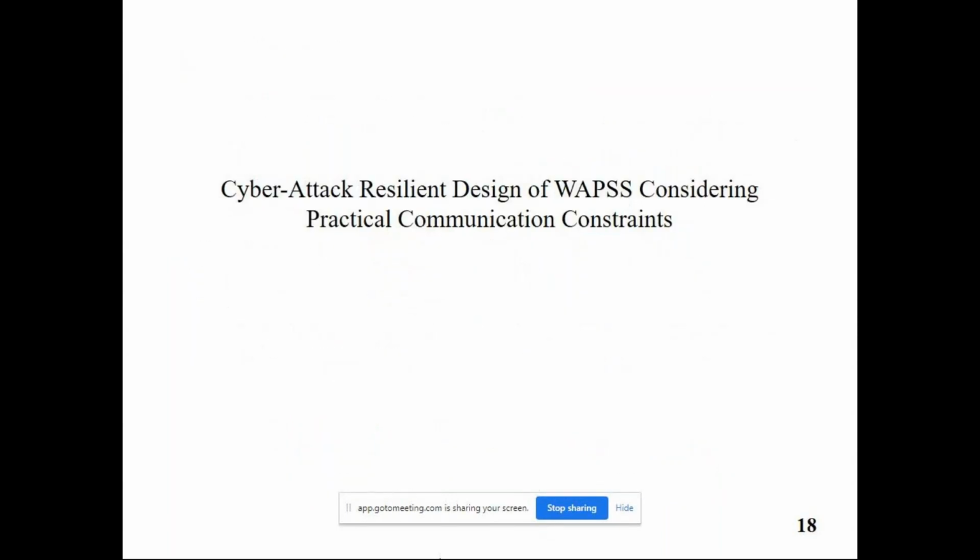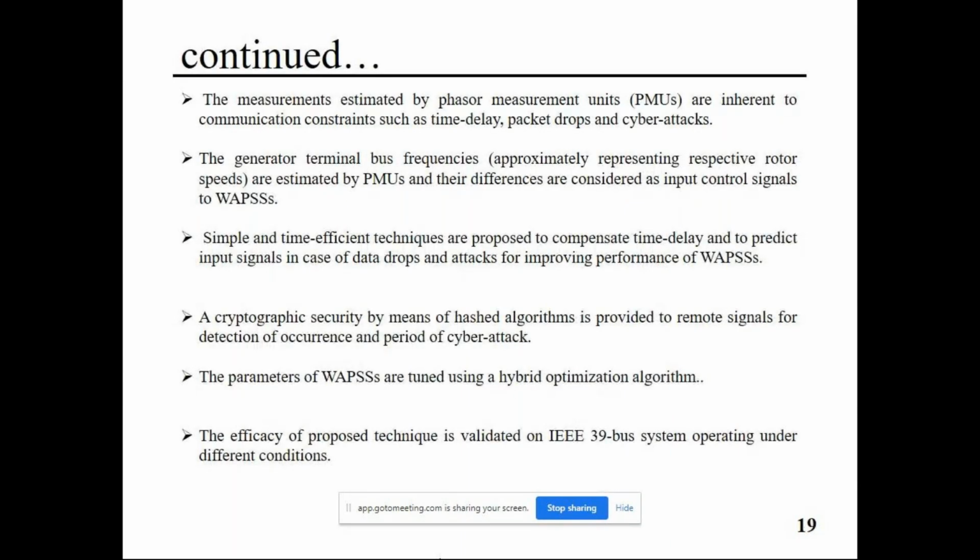So again, as I told you, cyber attack resilience matters, because of the attack vector, whether it is a false data injection, a ramp attack, or a coordinated attack. So if you have a secured message transfer, as far as the wide area PSS design is concerned, that means whatever message is being transferred from the PMU to PDC, I have to ensure this message is encrypted.